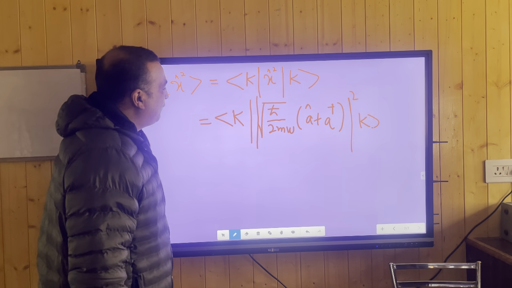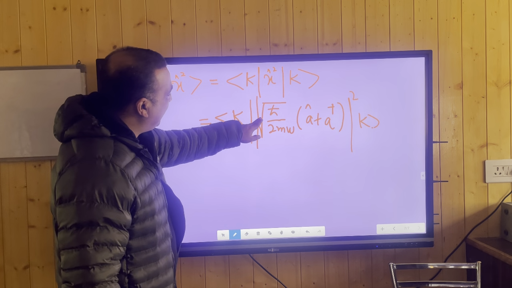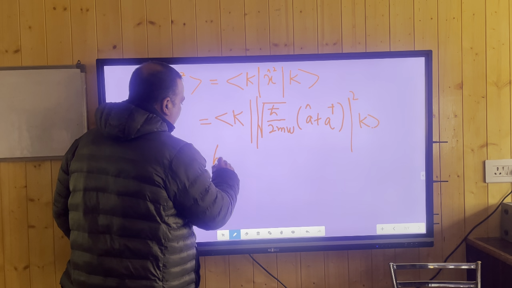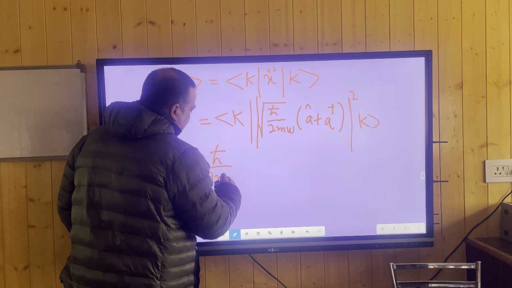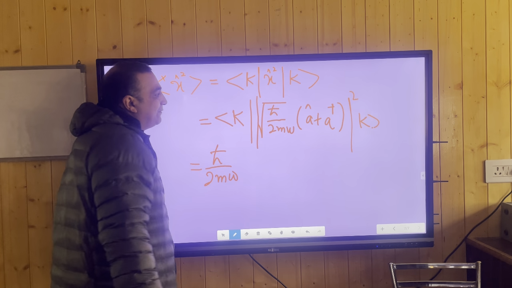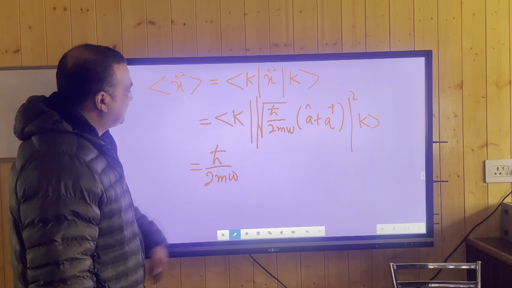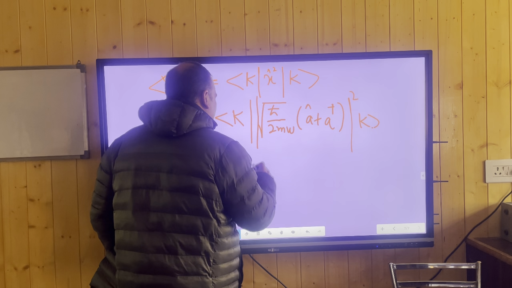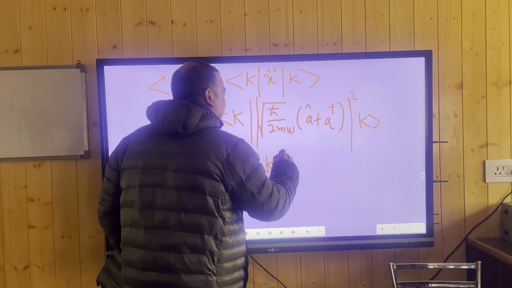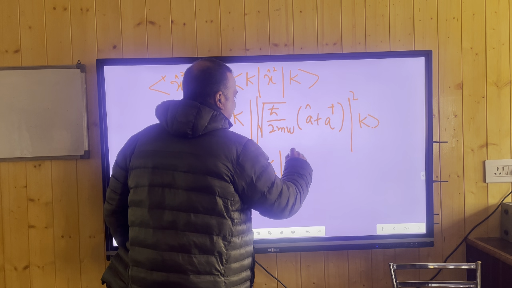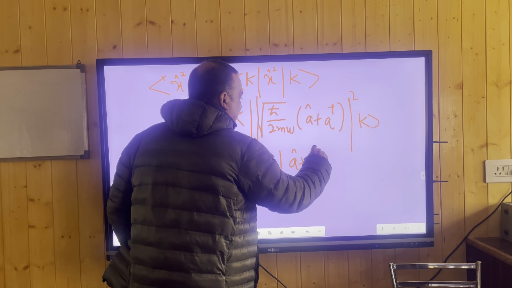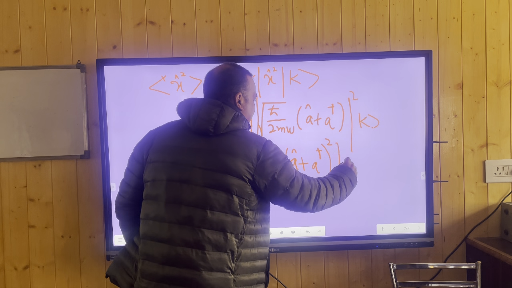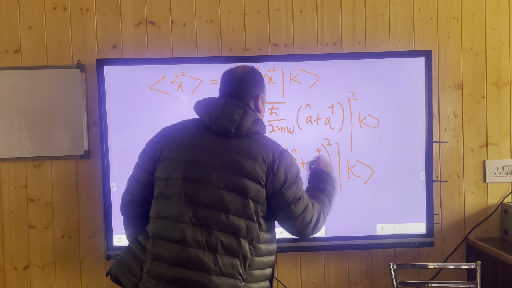Now one thing is clear from this, that the square and root will cancel, and you'll be left with h bar by 2m omega. Then inside you'll be left with a cap plus a dagger, the annihilation and creation operators, whole squared, and you will be back with k.